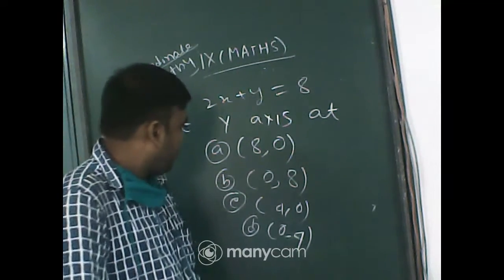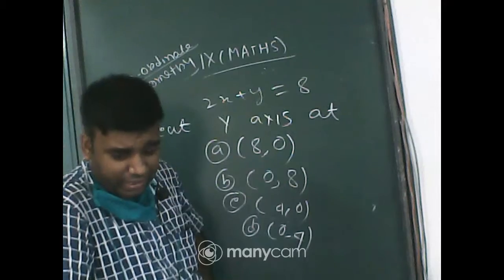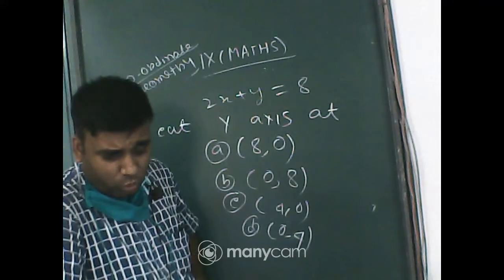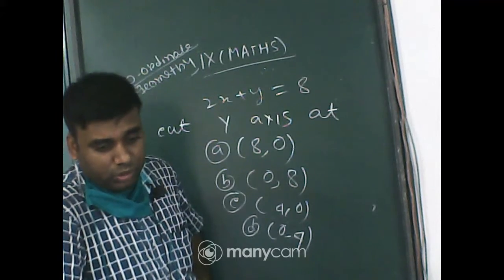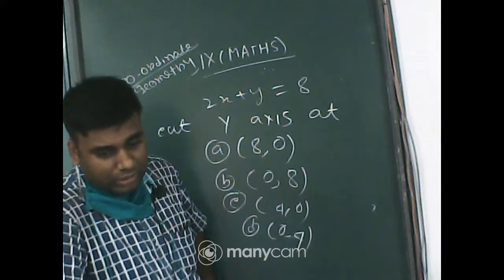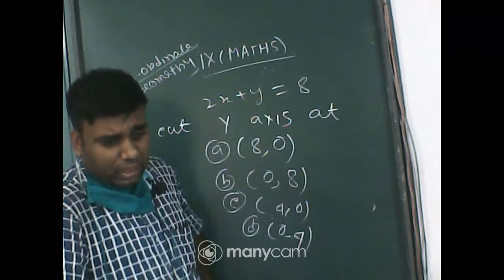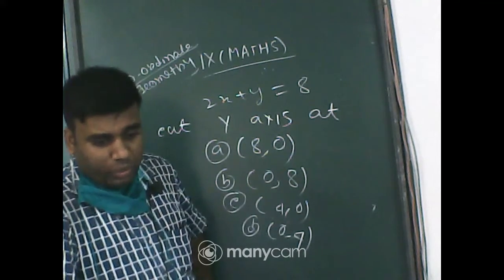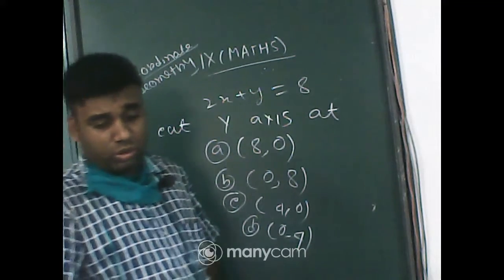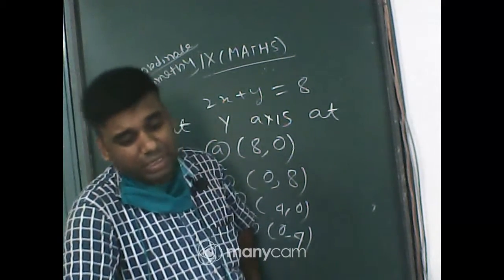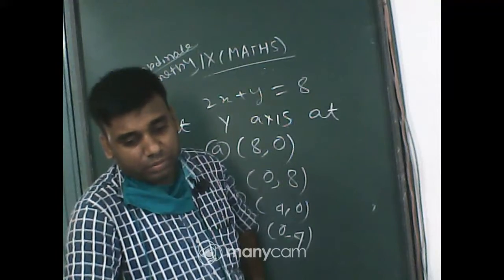Anyone? (4, 0). Priya Kanjilal, I am waiting for your answer, quickly. Option C, (4, 0). Okay.